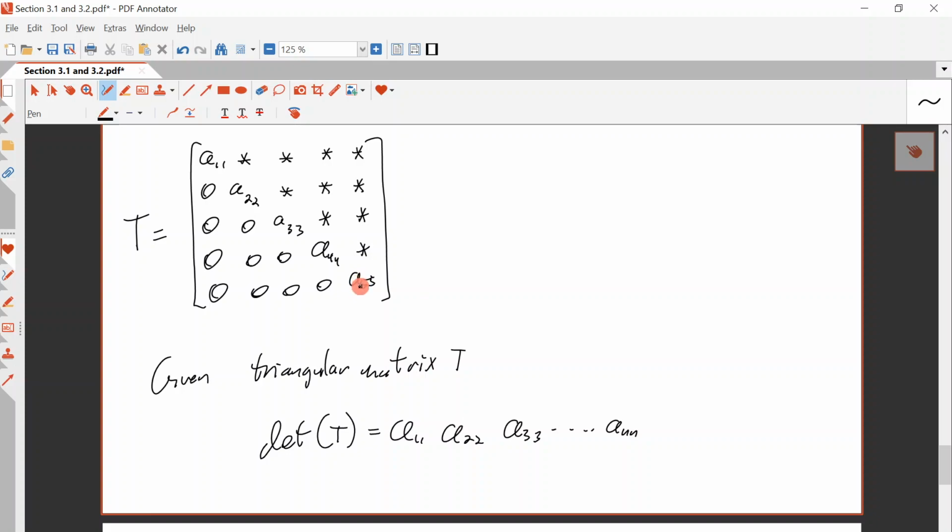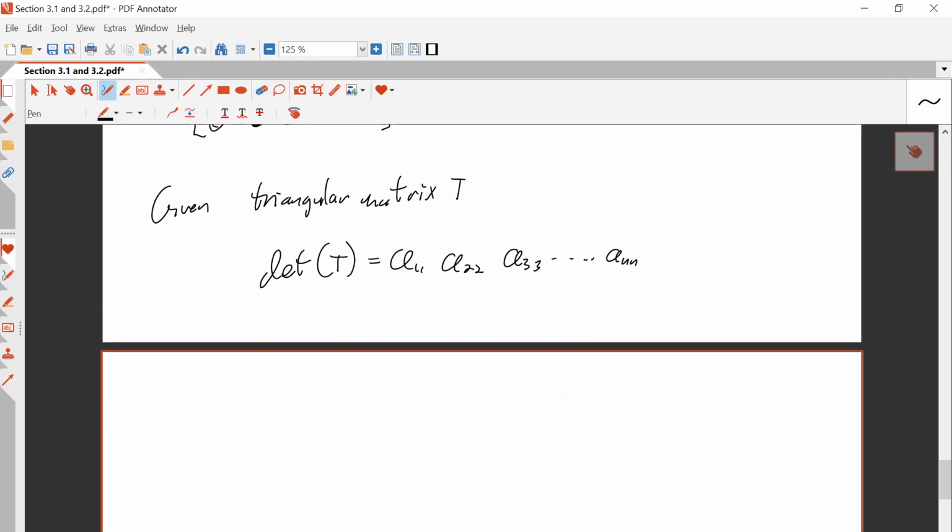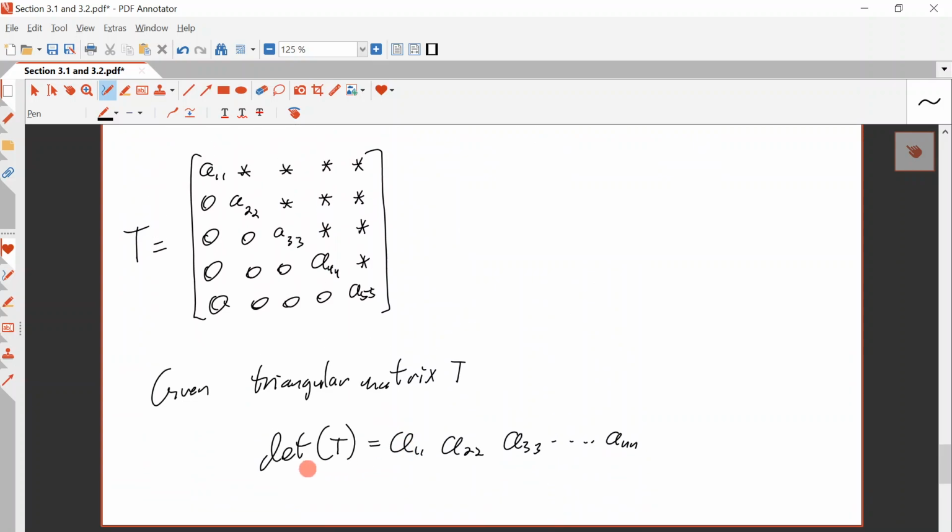That's going to be A55 times the 4 by 4 determinant of this matrix, which is then going to be A44 times the 3 by 3 determinant of this matrix, which is then going to be, so on and so forth, like that. So just by doing the cofactor expansion along the last row in an iterative fashion, you get that the determinant is equal to this.